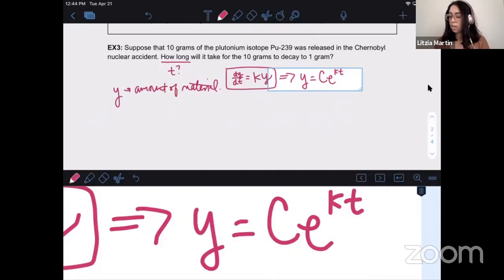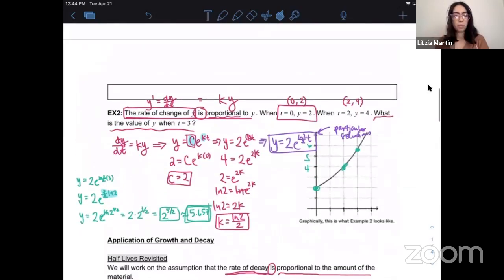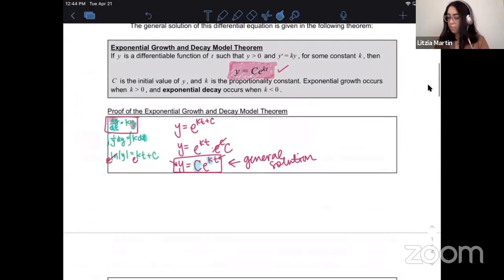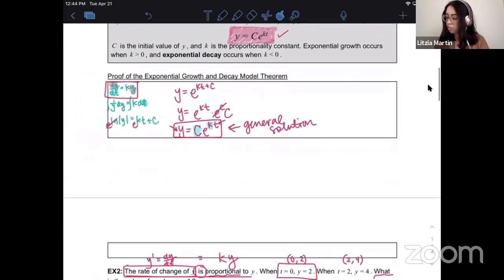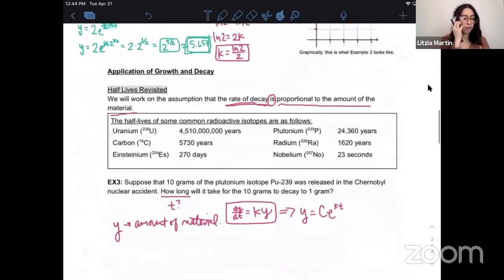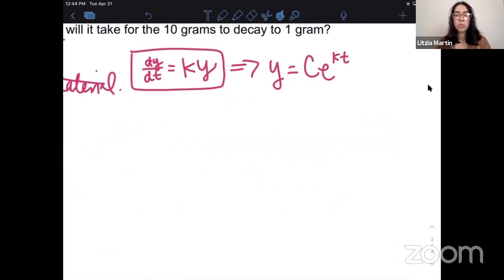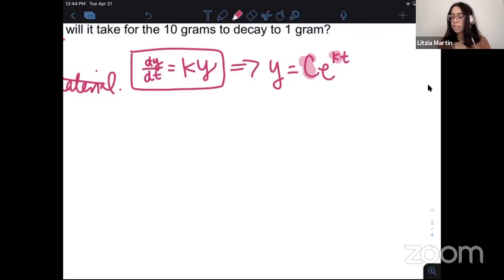This is something that we proved yesterday. Remember when we went through all of that? That gives us the general solution. So there's our general solution, and we've got to figure out what we can do to use the information they gave us to solve for c and k, because we need to figure that out so that t can be our only variable, along with y.